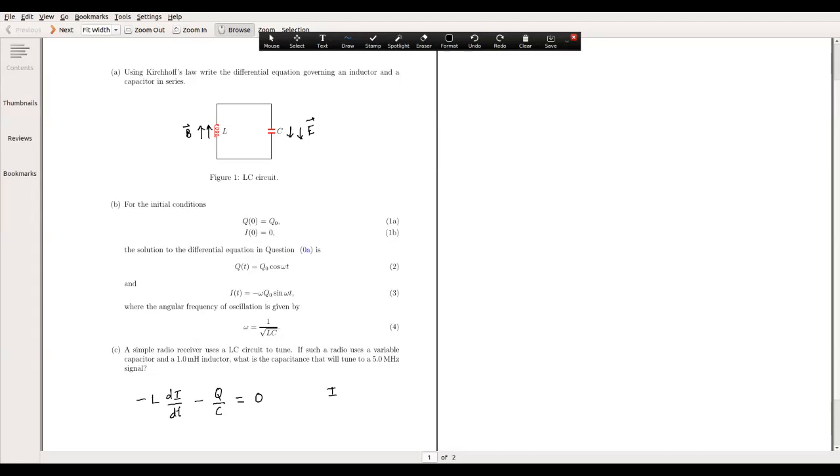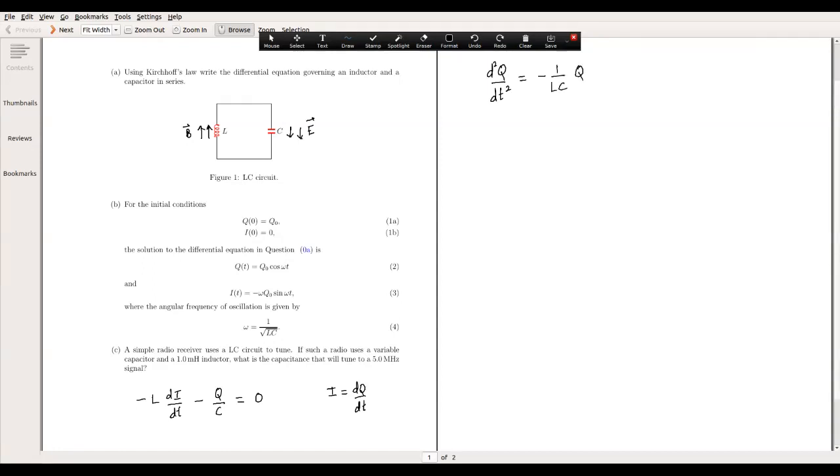We use the fact that I is dq by dt, the rate of change of charge. If we divide out by L, we learn that the second derivative of q with respect to time is equal to minus 1 over LC times q.